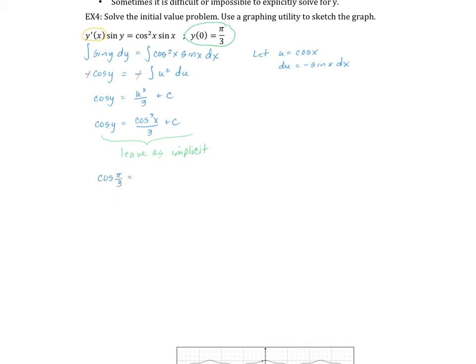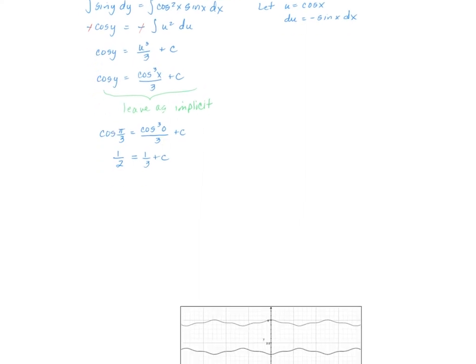That would be equal to cosine cubed of 0 for x, right, over 3 plus the constant c. Cosine of pi over 3 is 1/2. So I have 1/2 is equal to cosine of 0 is 1, so this becomes 1/3 plus the constant c. And then solving for c, I have c is equal to 1/6.